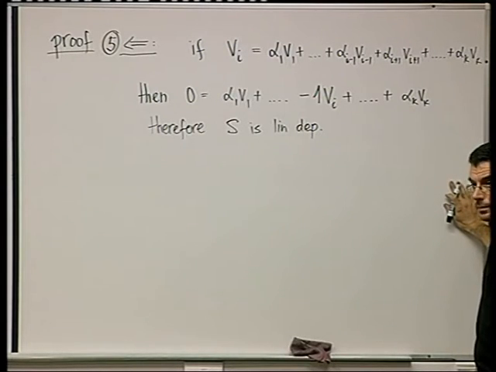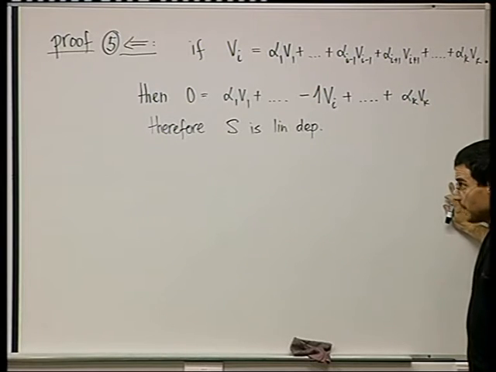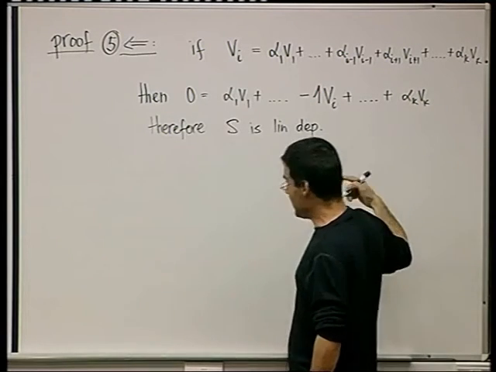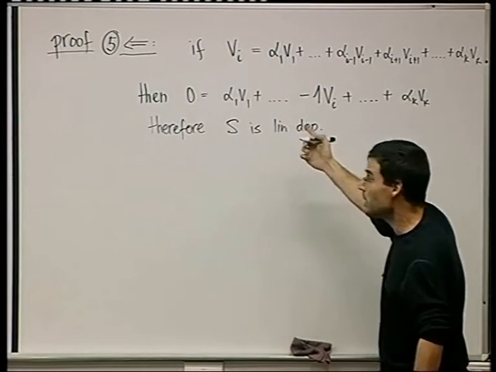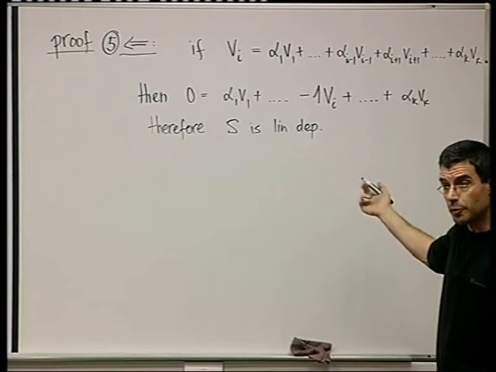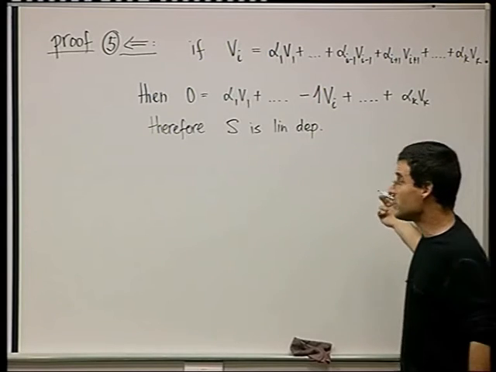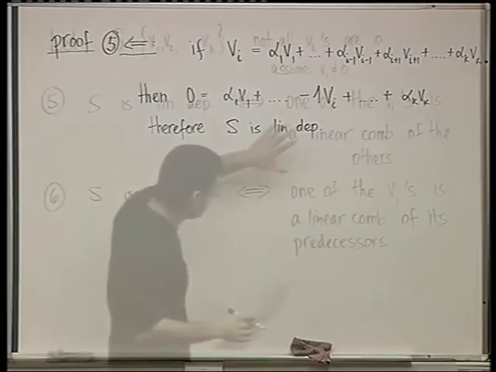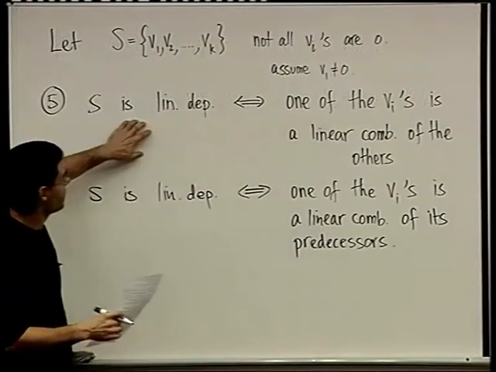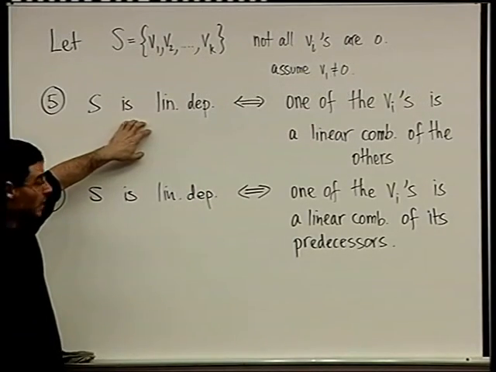Good? Okay. Do you agree that this direction of 6 follows from this for free, right? Because what did 6 say? Let's look at this board again. So we proved that if we know this, then the set is linearly dependent.